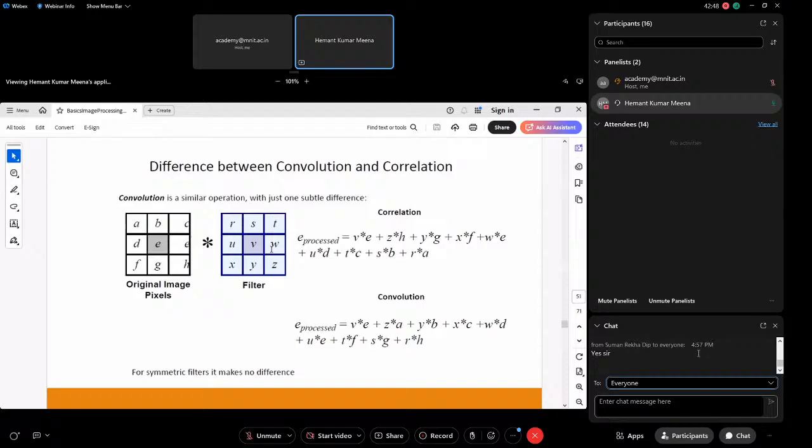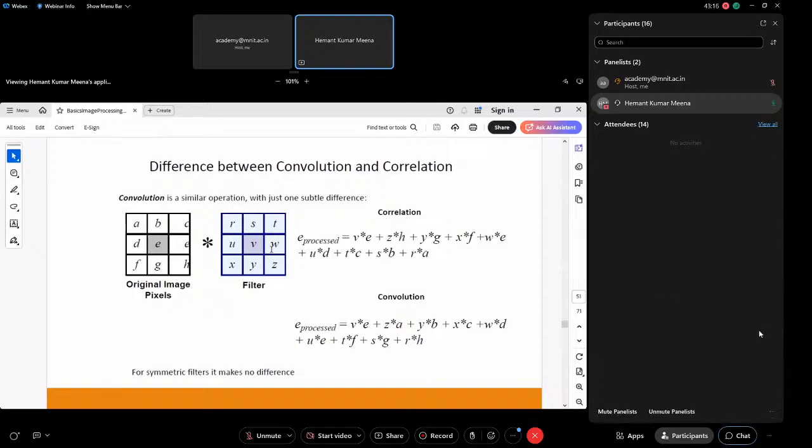Thereafter we flip around the vertical axis. First we flip around the horizontal axis, then the vertical axis. Then W will come in place of U, and U will come in place of W, and this Z, which went earlier in place of T, will come in place of X. That has been shown there.